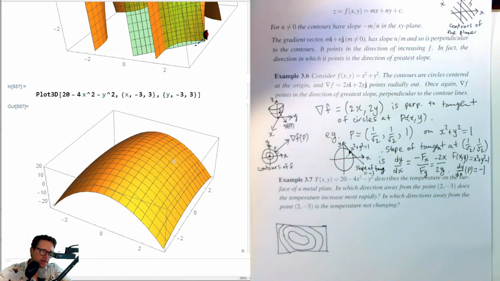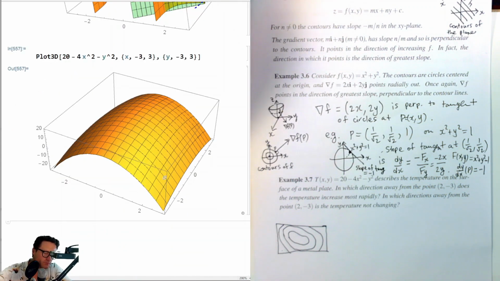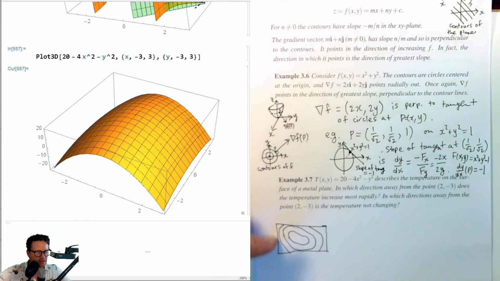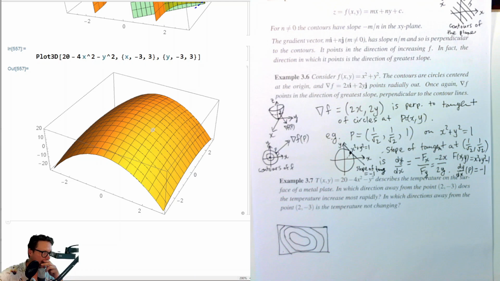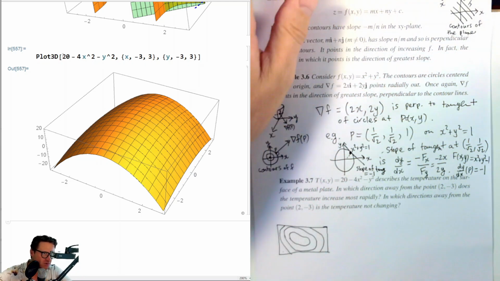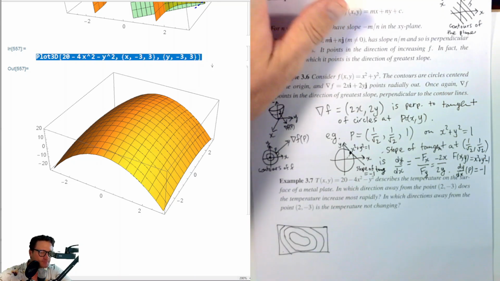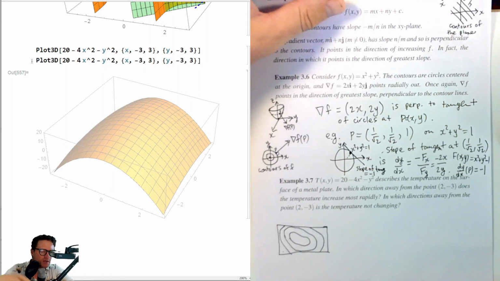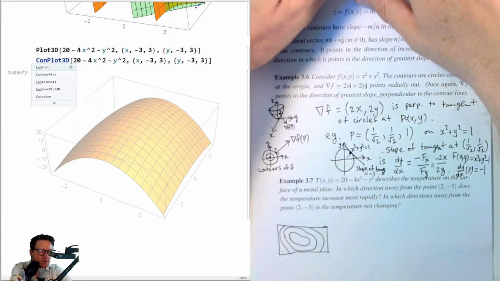So it looks like this, right? And now I've plotted this within a square box here, whereas here I've got a rectangle. Oh well. So these contours, now let's see if I can write a contour diagram as well while I'm at it. So that's just contour plot, and I need to omit the 3D.